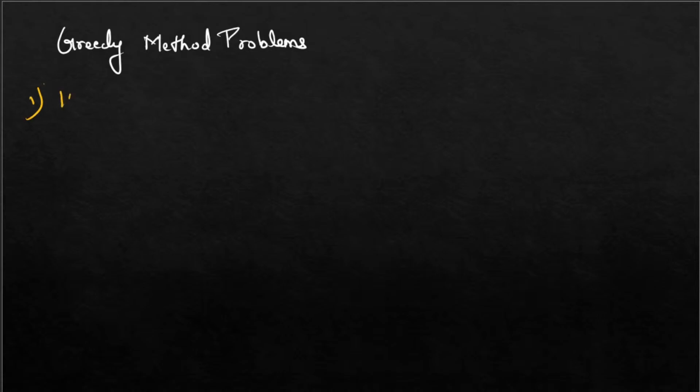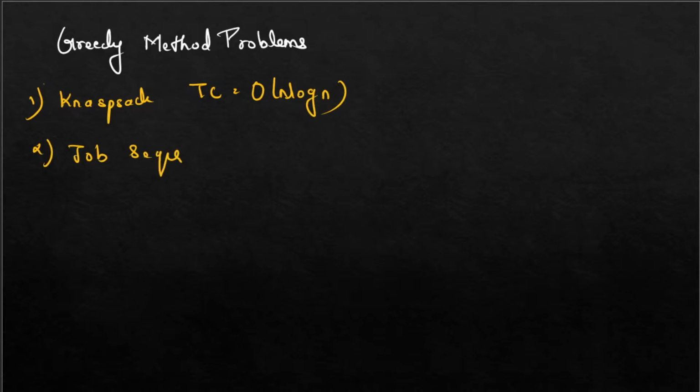The very first is knapsack, and the time complexity is big O of n log n. Second is job sequencing with deadline. So this will take time complexity of big O of n².